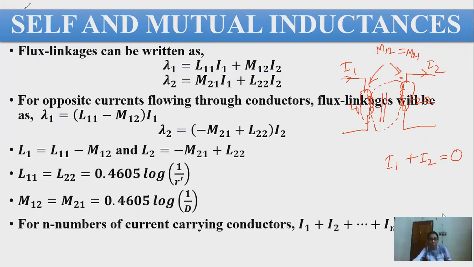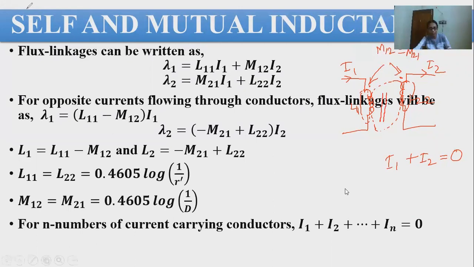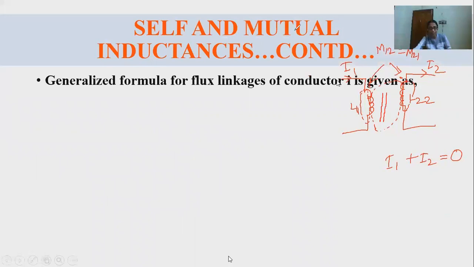Now suppose there are n parallel conductors carrying currents I1, I2, up to In, such that the phasor sum of these currents is 0. Then what will be the general expression for self and mutual inductance?